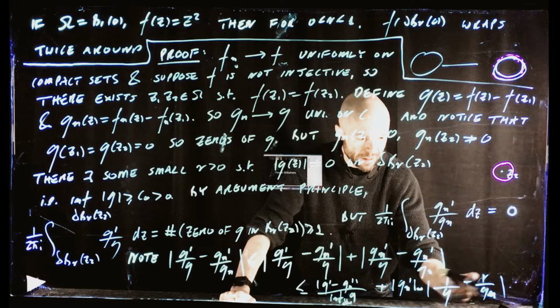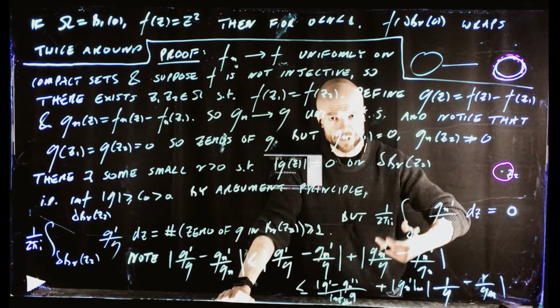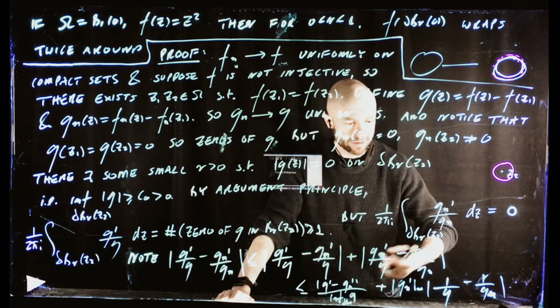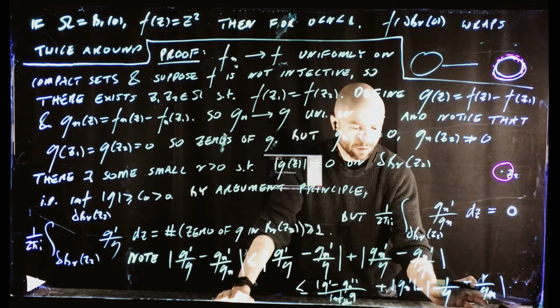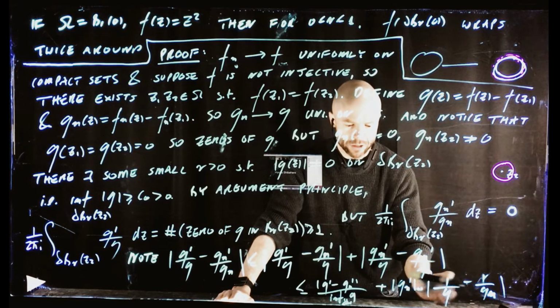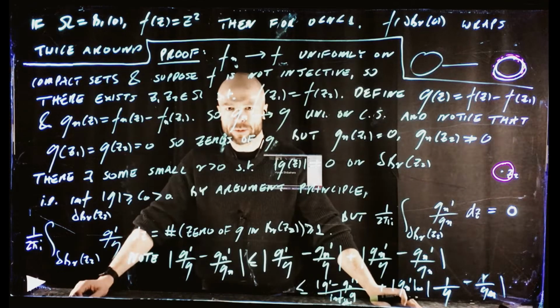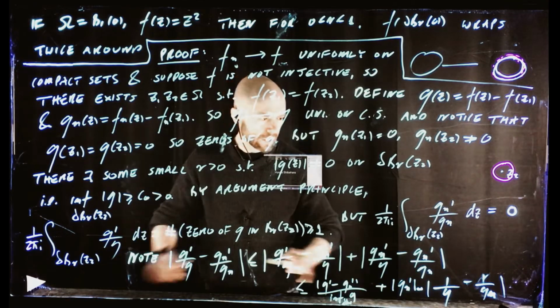And since G and Gn will be uniformly bounded below, so long as n is sufficiently large by convergence on compact subsets, this thing will also go down to 0. Are you happy with that, or shall I put more details into this? Give me a thumbs up if you're happy. Okay, looks like everybody's good.